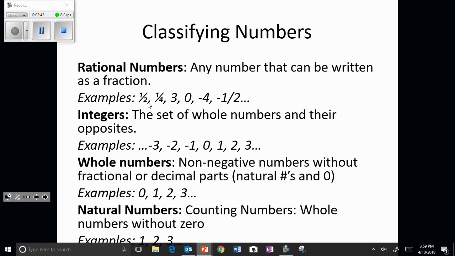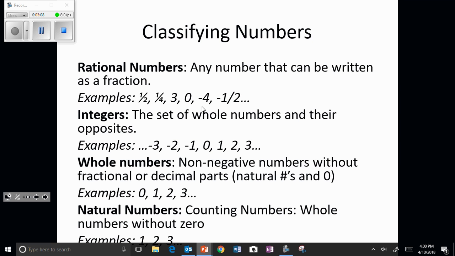So 1 over 2 is a rational number. 1 over 4 is a rational number. 3, 0, -4, -1.5. All right? You could also have decimals here if you wanted to. Those are results of rational numbers. Okay? Give you a chance to get that written down.